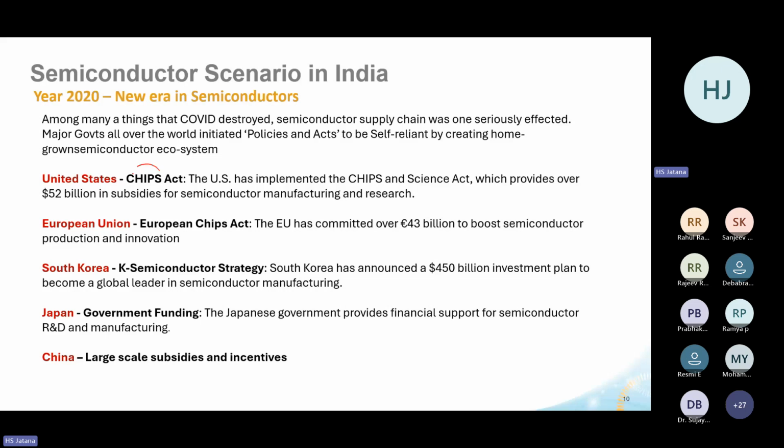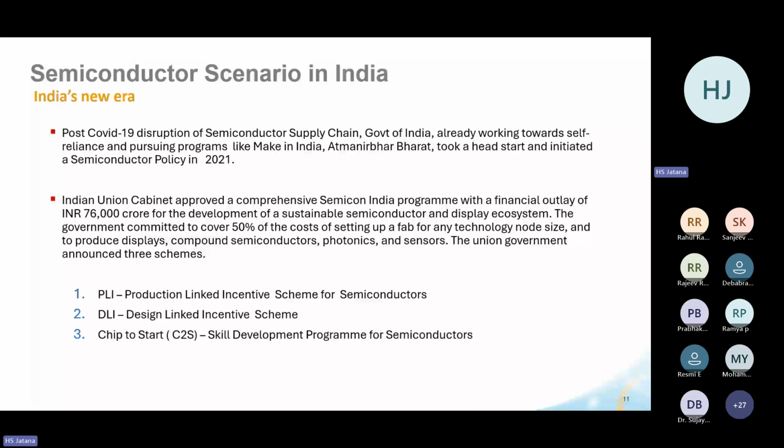The government has, I think, given $52 billion in subsidies, like the European Act and South Korean Acts. The India government has given $10 billion, and a lot of schemes have been proposed under the Indian Semiconductor Mission. Some of these schemes come under 76,000 crore, which is $10 billion.